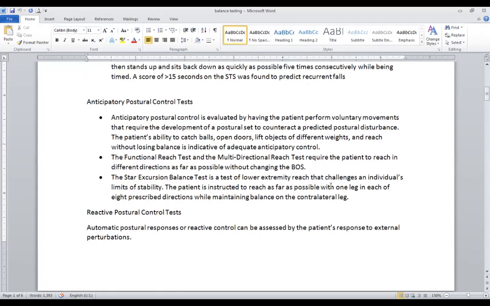Here what you do is, you ask a person to stand near a wall and flex the shoulder to 90 degrees. Then ask the person to reach as much as possible. Then you can check the measurement they are able to reach to a particular point without changing the base of support. Okay, I'll show you the video of that.